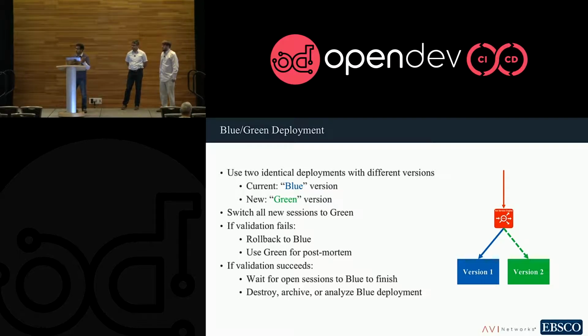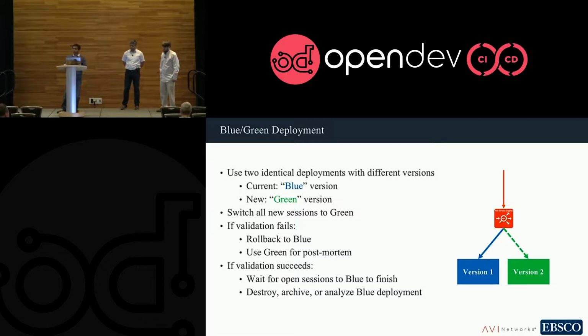In contrast to old ways, where you take time off and do the upgrade in the middle of the night, in blue-green deployment you have your old version running at the same time, bring up your new version, which is the green version, and switch all your new sessions from blue to green.